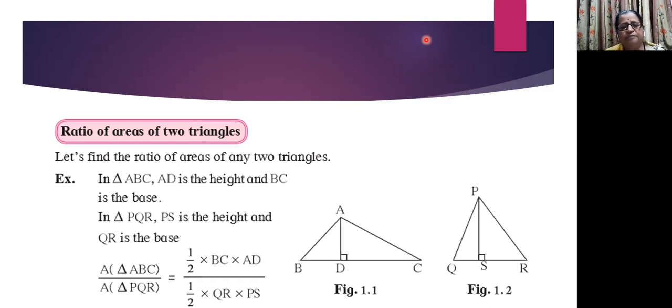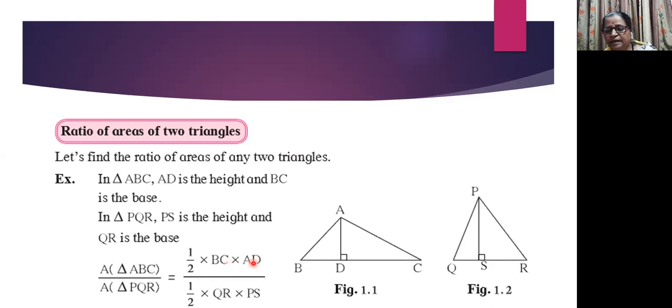In this example, you see that in triangle ABC, AD is a height and BC is a base. In triangle PQR, PS is a height and QR is a base. See here, area of triangle ABC divided by area of triangle PQR is equal to half into base into height.